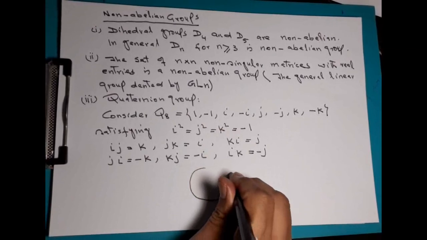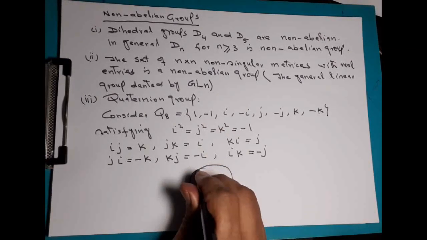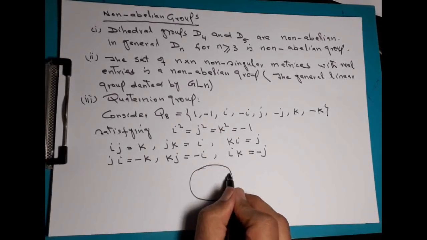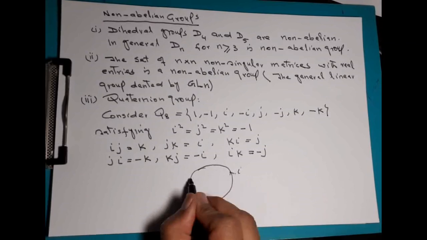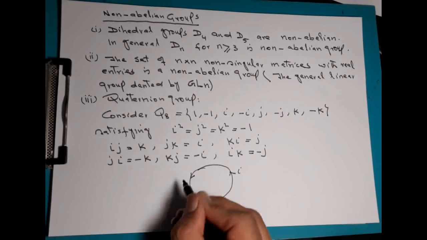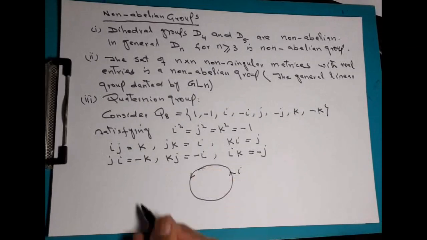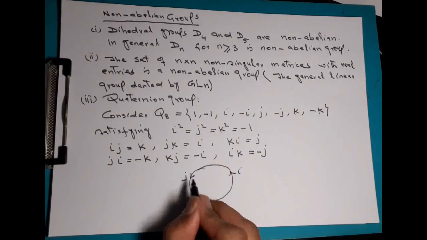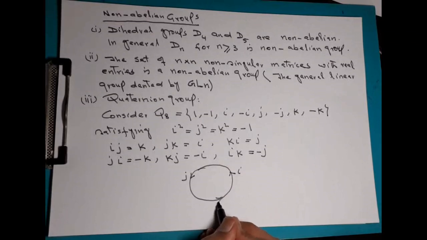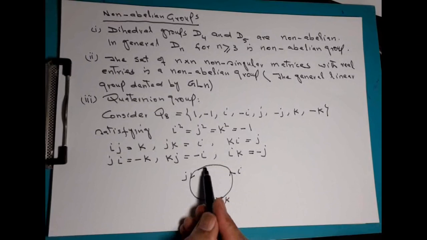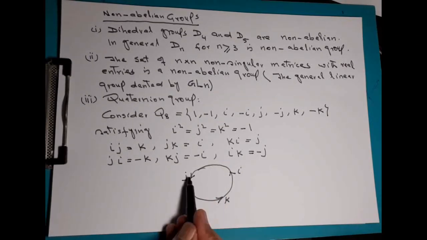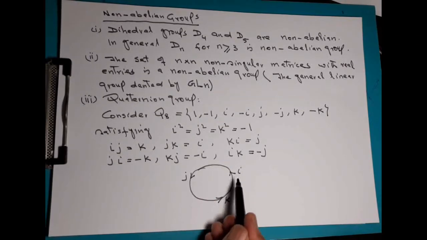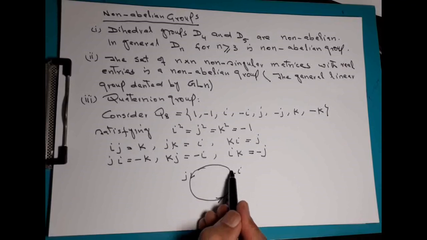You draw a circle and write ijk in the anti-clockwise direction. You can write it clockwise as well. Note that i multiplied with j is equal to k, j multiplied with k is equal to i, k multiplied with i is equal to j.